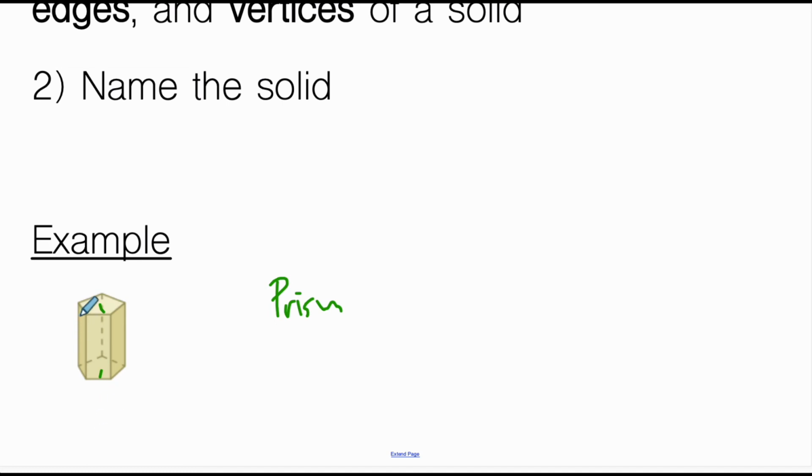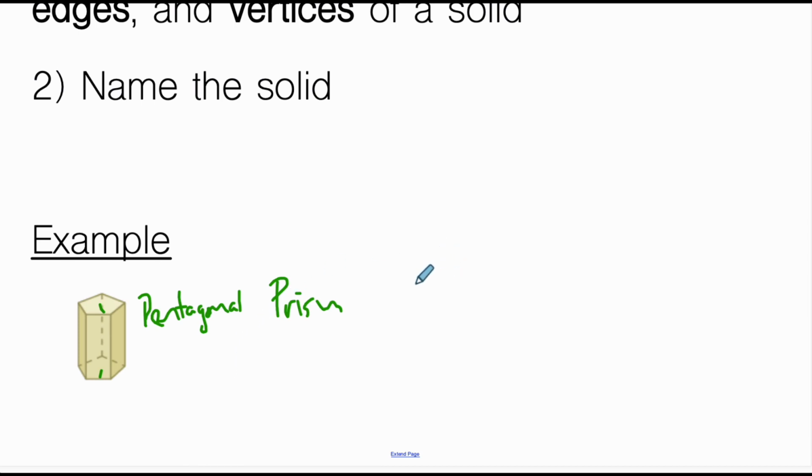And those have 1, 2, 3, 4, 5 sides. So this would be a pentagonal prism. Some people will pronounce that pentagonal prism. So we've named the shape. It's a prism. What type of prism? Pentagonal. How do I know? Because that's the base, and prisms and pyramids are always named after their bases.